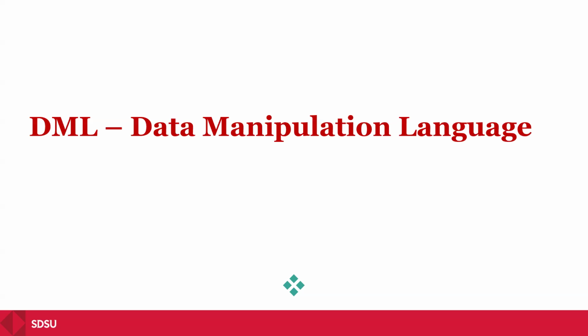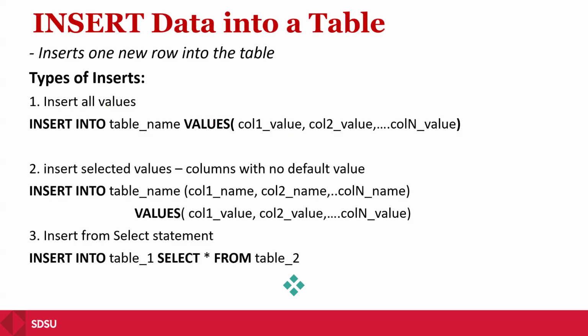Okay, so that was the extent of DDL that we covered during this class. Now we're going to move to data manipulation language, or DML. With DML, we are going to cover two types of statements.